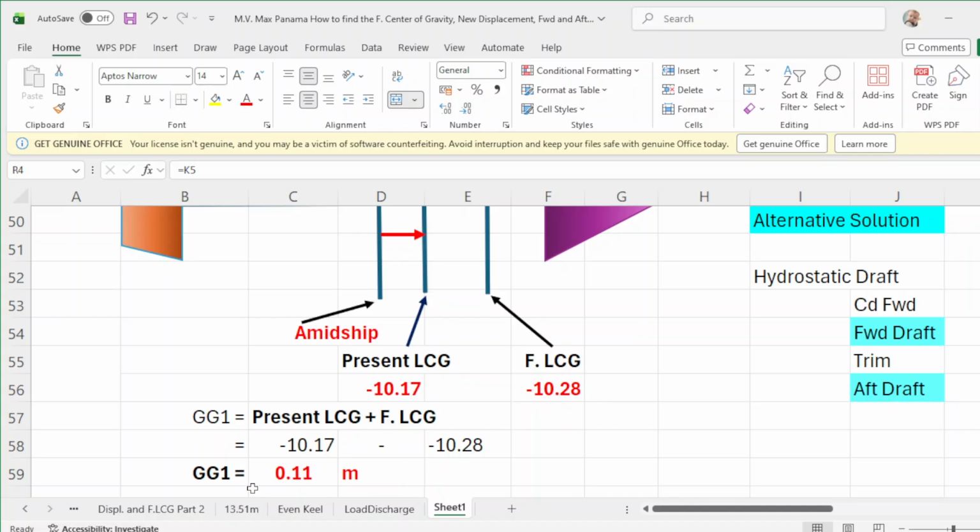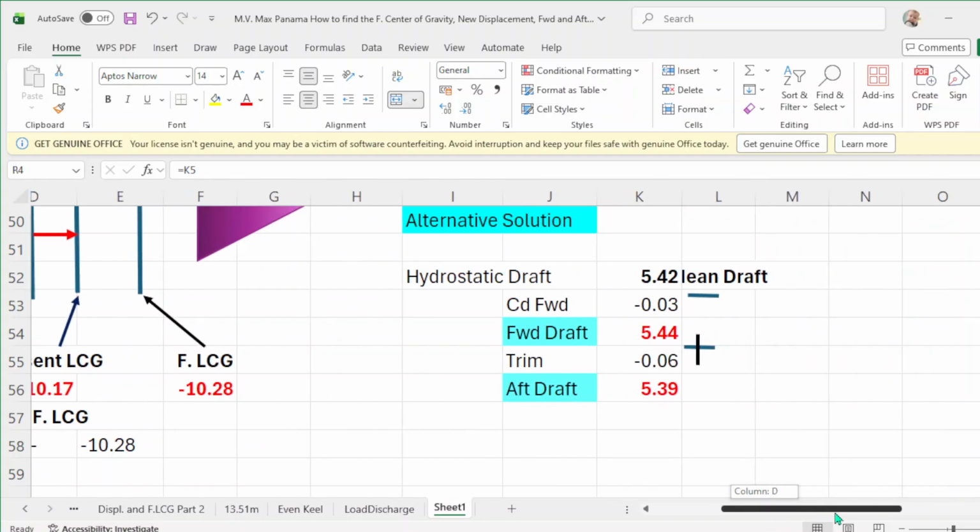This will be your GG1. From here, it moved forward about 0.11 meters. So from the present, it goes to the final LCG, which is your GG1.